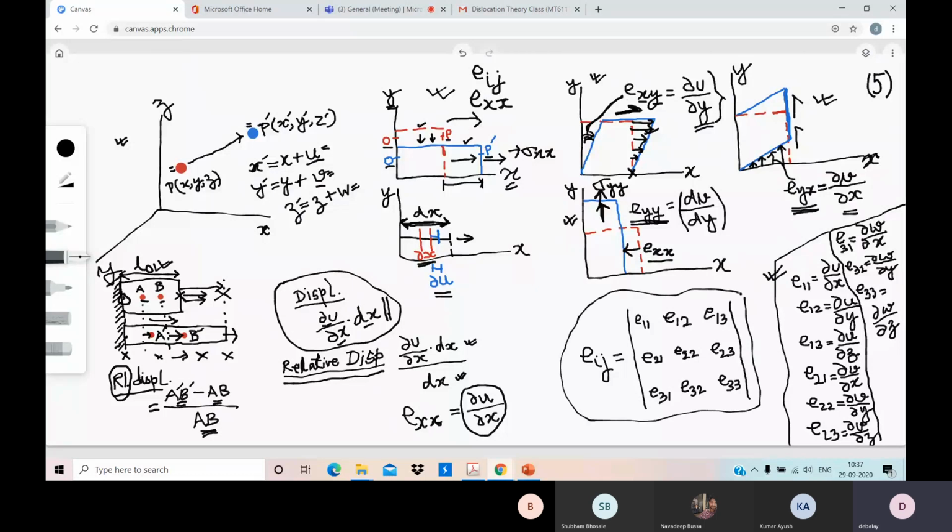We call this tensor the relative displacement tensor, EIJ.